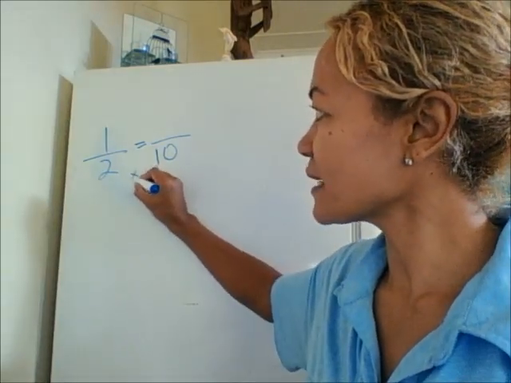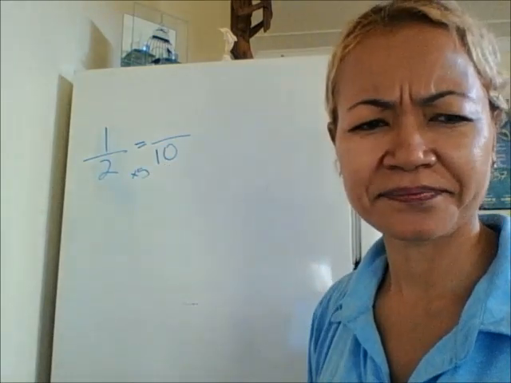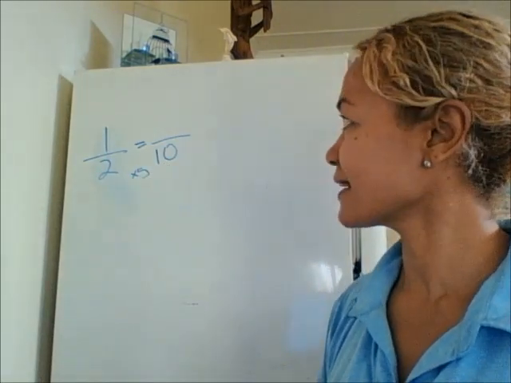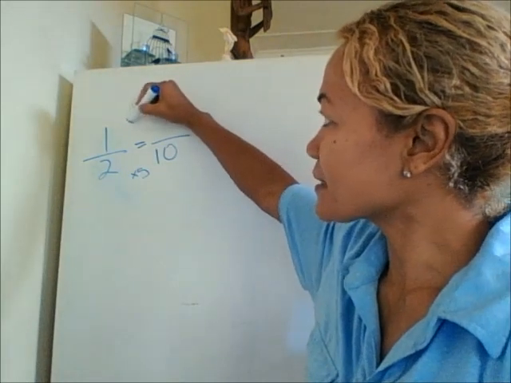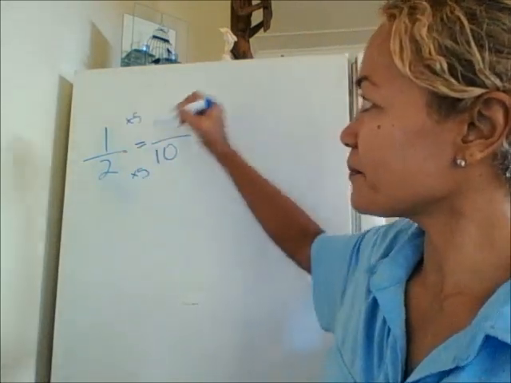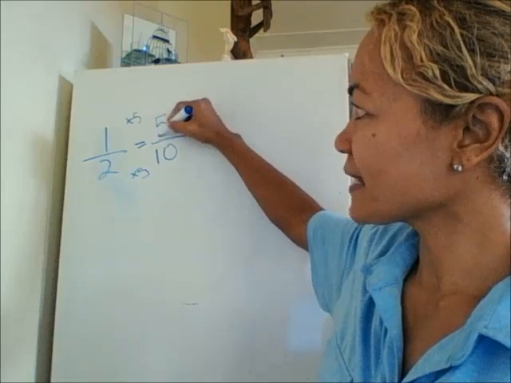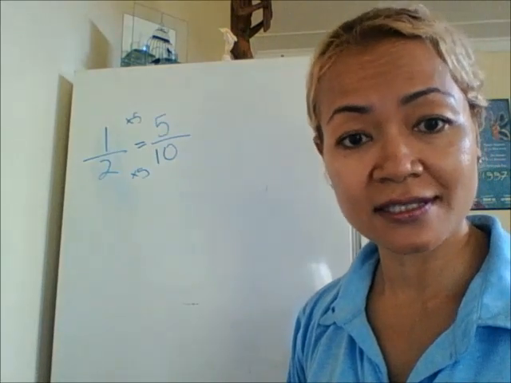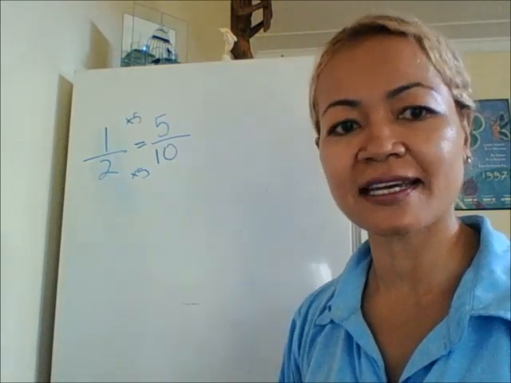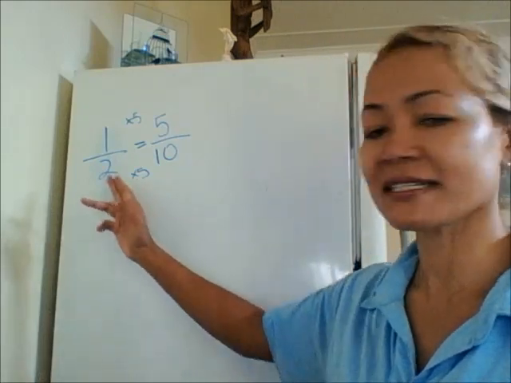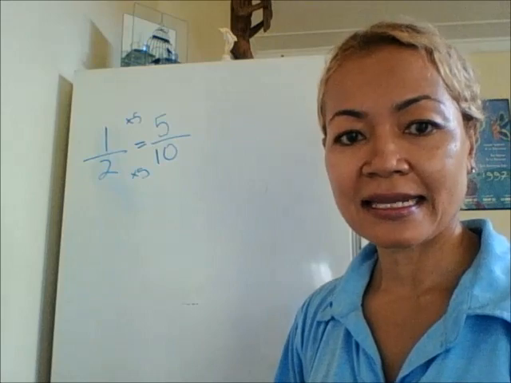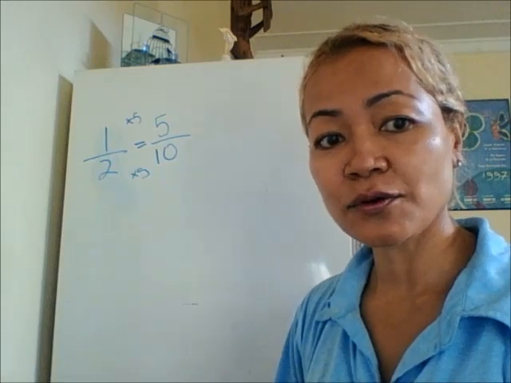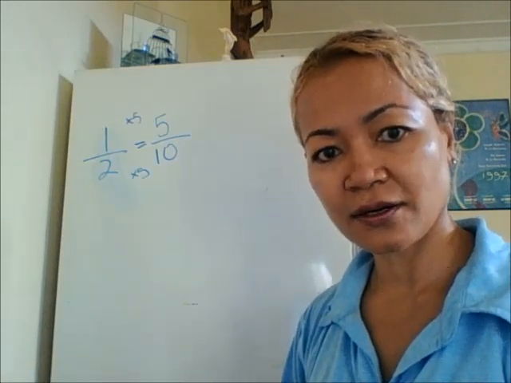Well, 2 times what? 2 times 5 is equal to 10. So you've got to do the exact same function, multiplied by 5 on the top, to get the new numerator, which is 5. So 5 over 10, exactly the same value as half. It's an equivalent fraction, and it's also now got a denominator of 10.